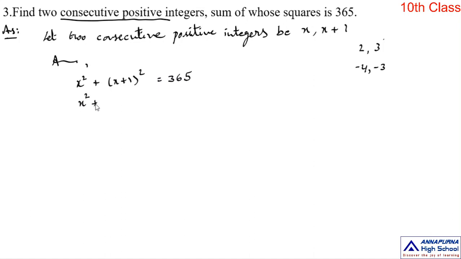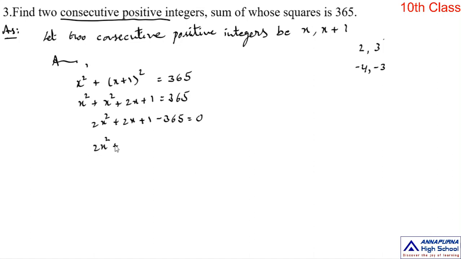Now simplify this equation. (x plus 1) whole square is in the form of (a plus b) whole square, which is a square plus 2ab plus b square. So x square plus x square, 2x square plus 2x plus 1, and when you transpose 365 to the left side, it becomes minus 365 is equal to 0.